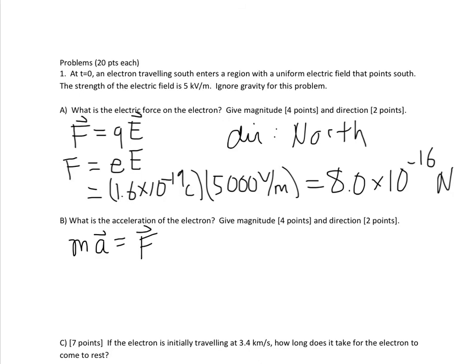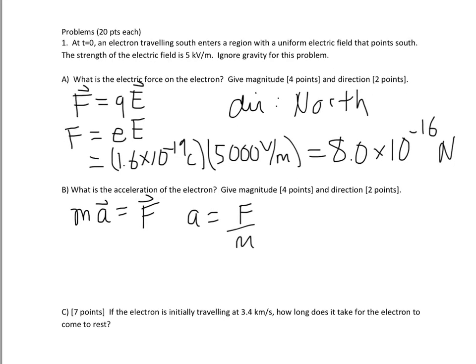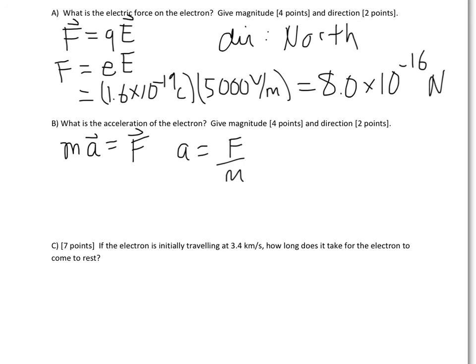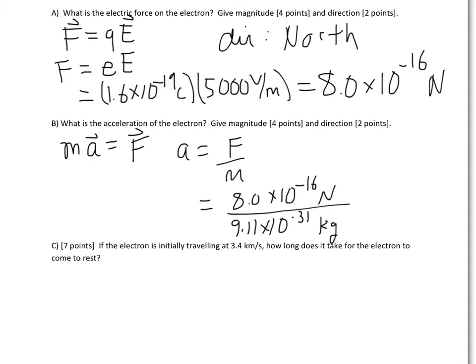To get the magnitude, we can write a equals F over m, which equals the force from above over the mass of an electron, which is 9.11 times 10 to the minus 31 kilograms, which yields 8.78 times 10 to the 14 meters per second squared.